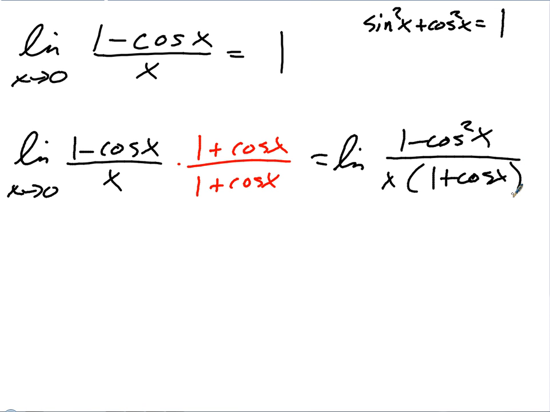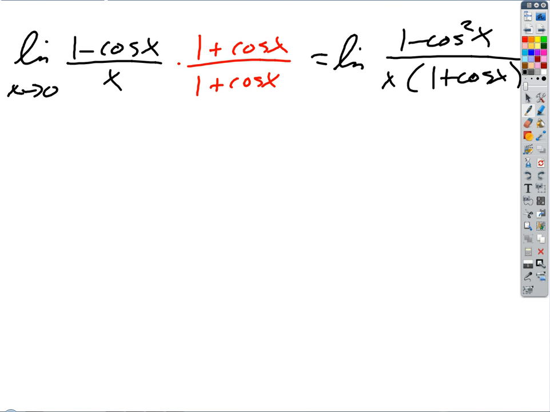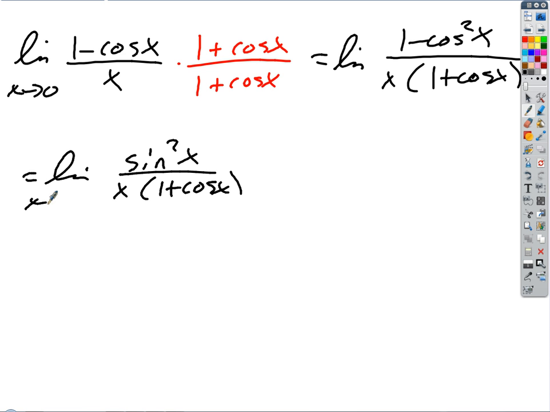We'll trade all that for a sine squared. And now we just reorganize it a little bit. What do we do? Pull out a sine.